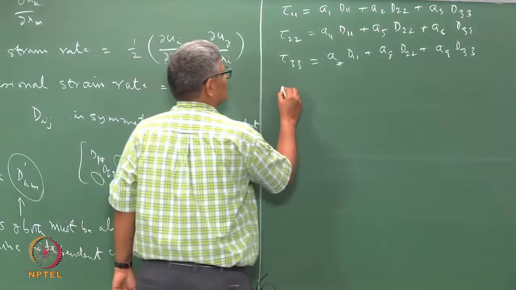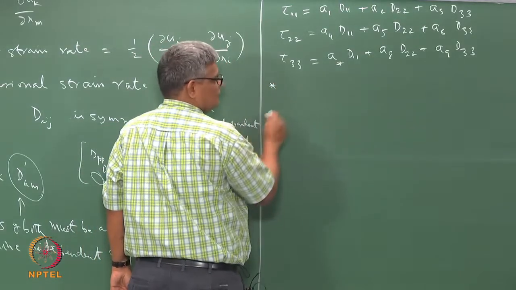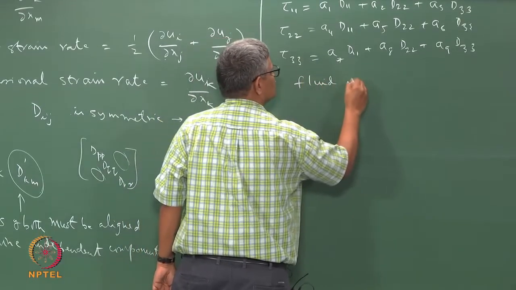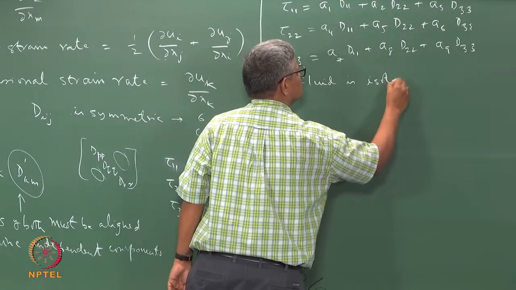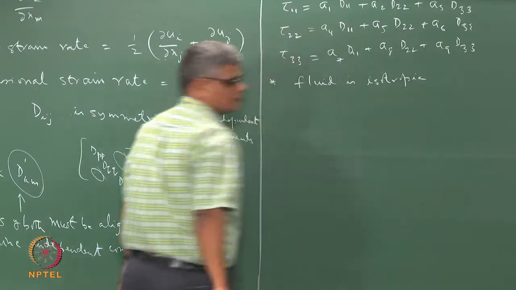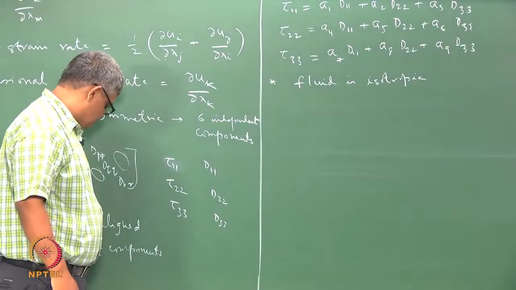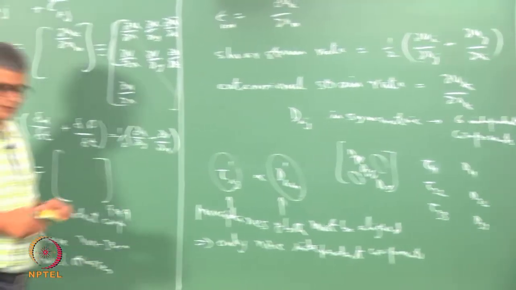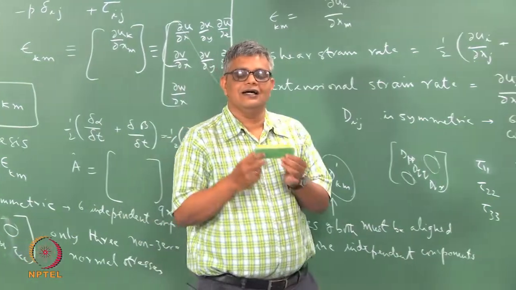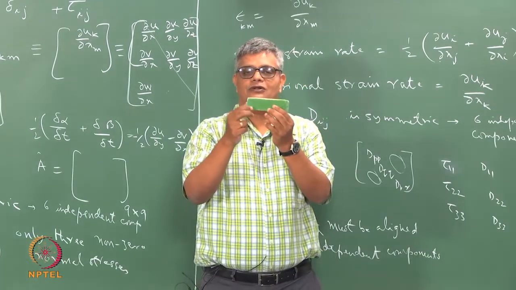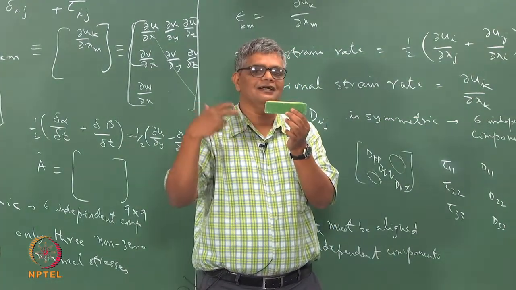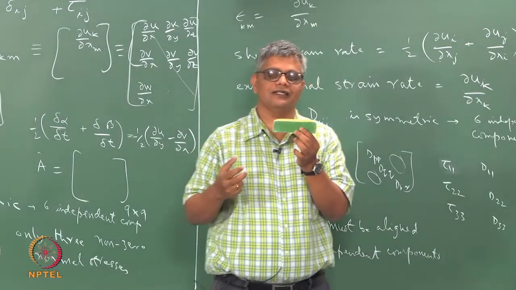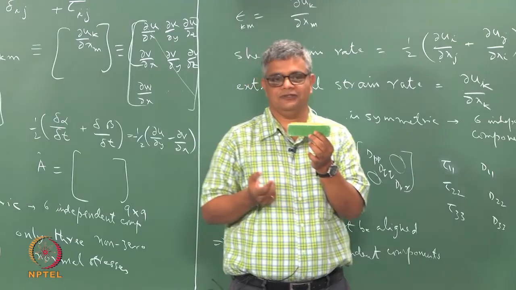So, here we make one more assumption, which is that the fluid is isotropic. So, when we say the fluid is isotropic, then what we are saying is that application of a force on this produces a deformation in a solid body, and in the case of a fluid it produces a rate of deformation.